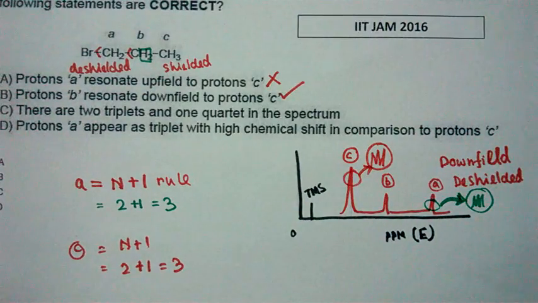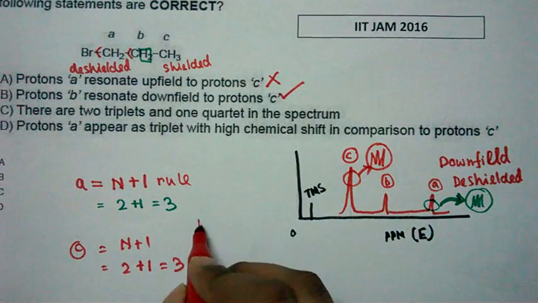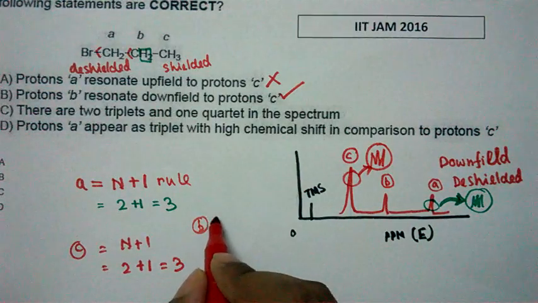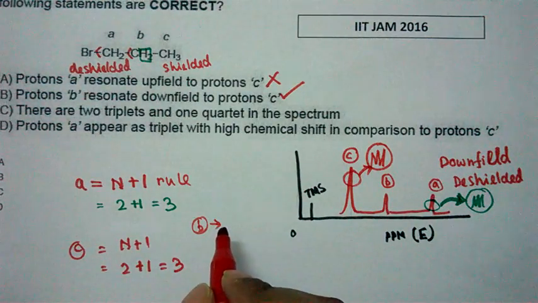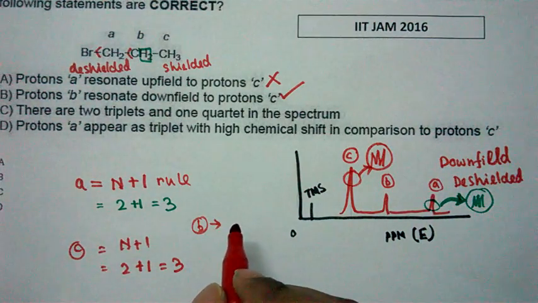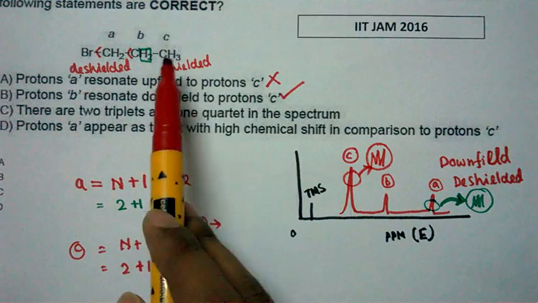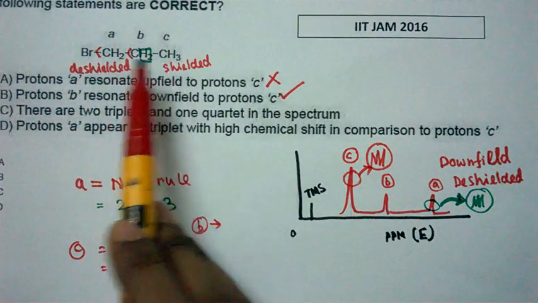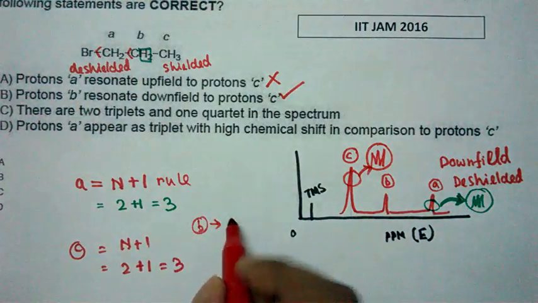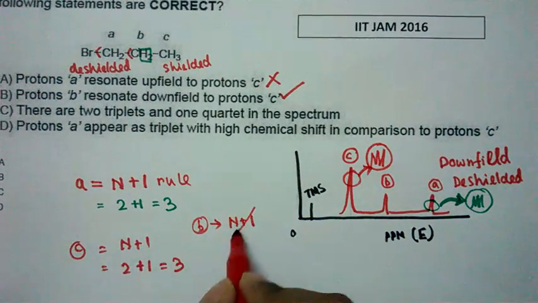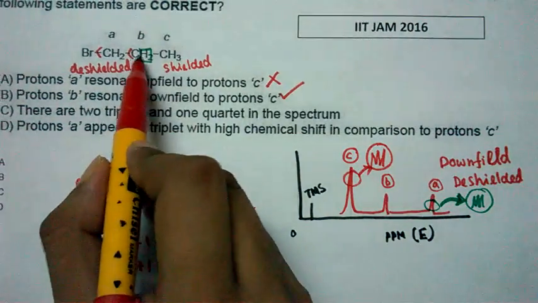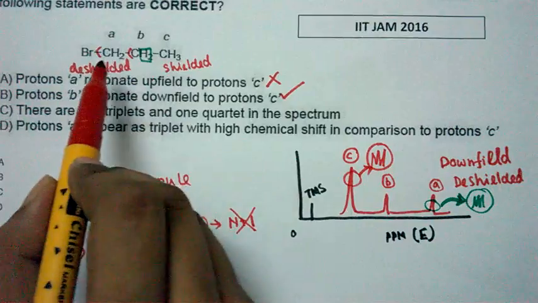And B is also split into small peaks due to coupling, spin-spin interaction. But the problem is with B, you can't use the N+1 rule. The N+1 rule is not valid for B, as for B we have neighbors on both sides.